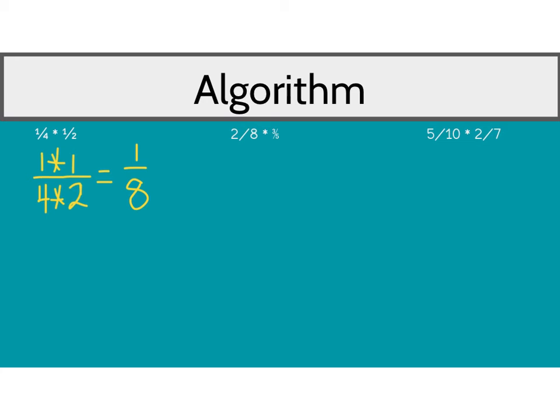If we take a look at our second problem, we have 2/8 times 3/5. Again, if we take our numerators and we are multiplying 2 times 3, and we take our denominators, 8 times 5, and then we get 6/40 for this second problem.